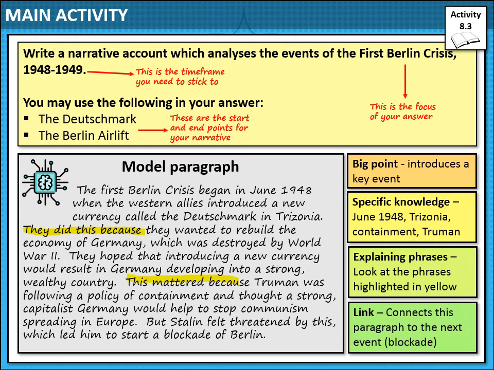And lastly, the student finishes their paragraph with a link to the next event in the narrative. And in the case of this student, she's used a link to the second event in her narrative, the blockade of Berlin. And this is what you're aiming to do in your answer.